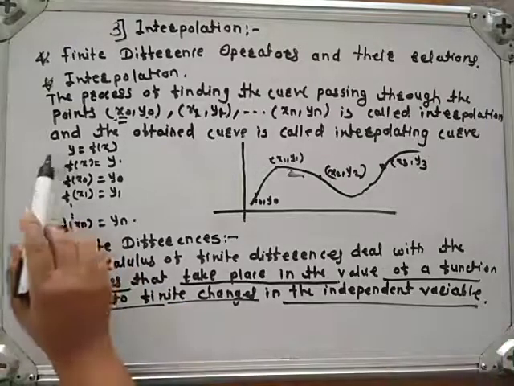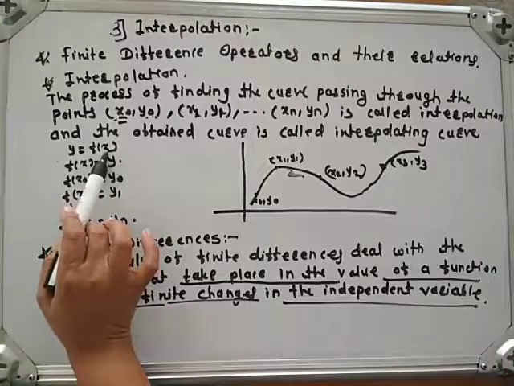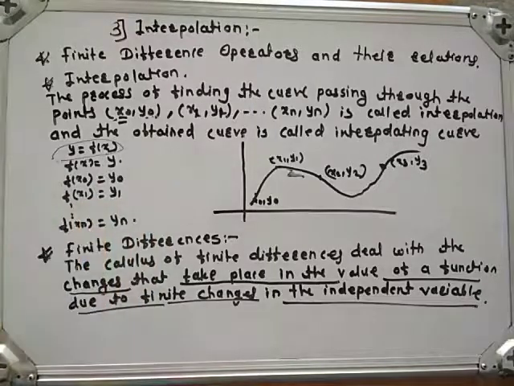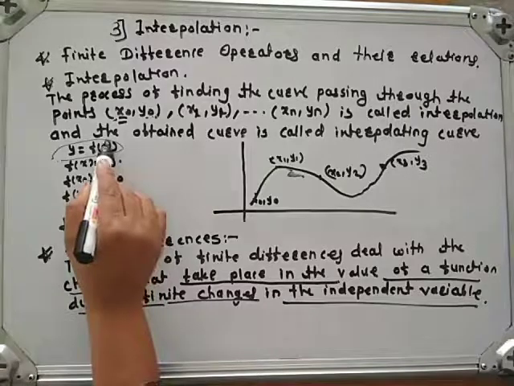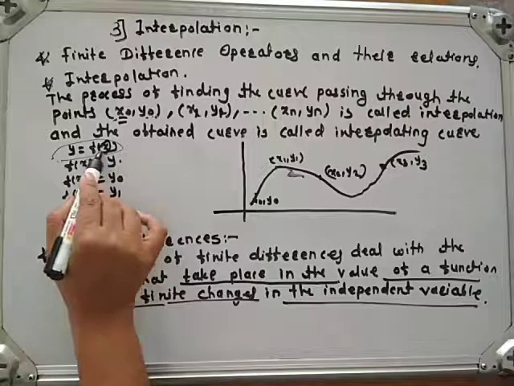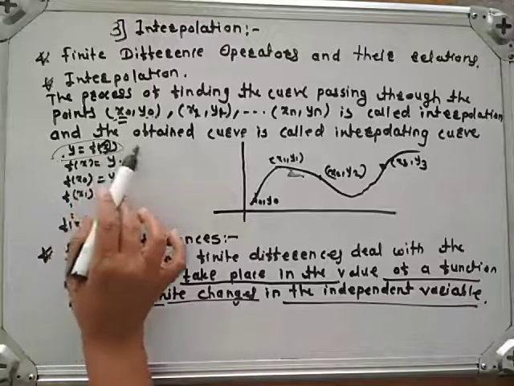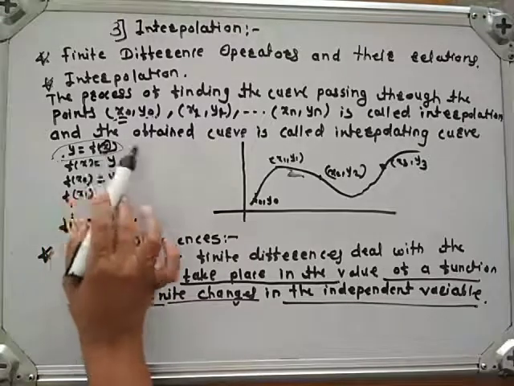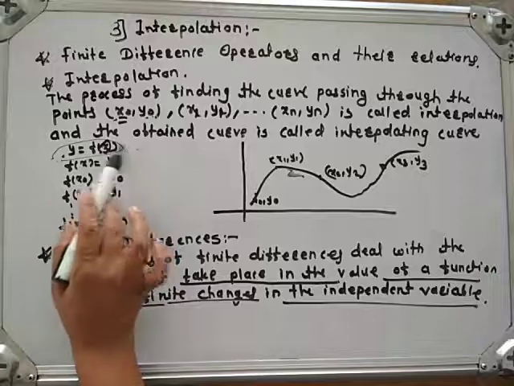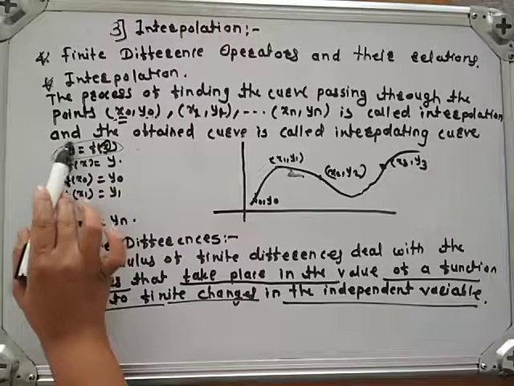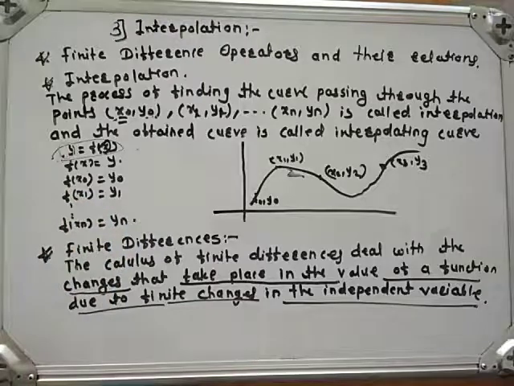See here, y is equal to f of x. In this function, x is the independent variable and y is the dependent variable. It means if you change the value of the independent variable, then your function's value, the dependent variable's value, changes.